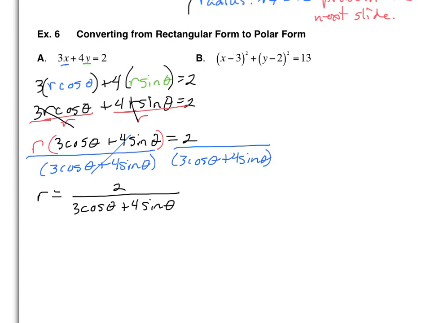And doesn't that look like the very last problem that we just did in example 5, problem E that I gave you? And if you look at the original problem in rectangular form here, isn't this a linear equation also in standard form? And so we ended up with an equation that looked like this, which is very, very similar to example 5E.